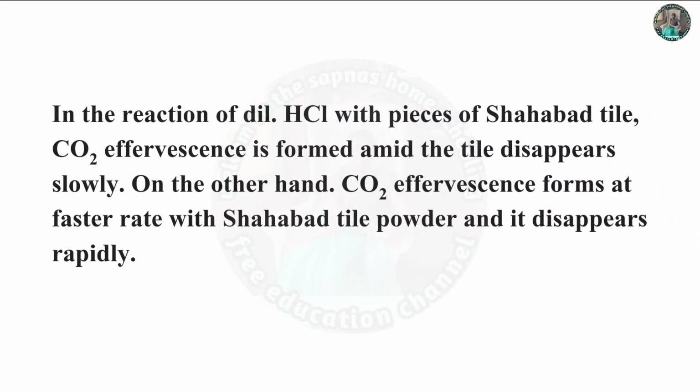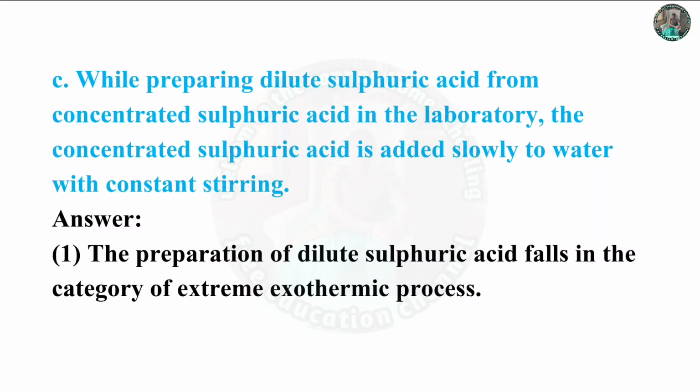In the reaction of HCl with pieces of Shahabad tile, CO2 effervescence is formed and the tile disappears slowly. On the other hand, carbon dioxide effervescence forms at a faster rate with Shahabad tile powder and it disappears rapidly.